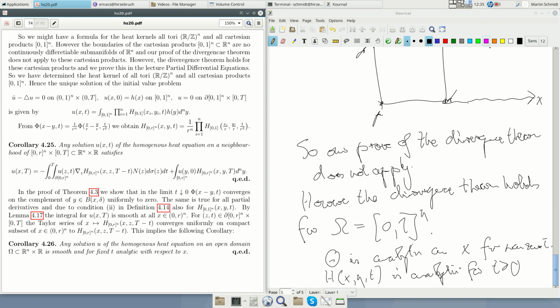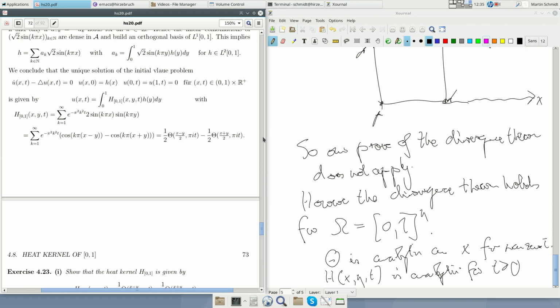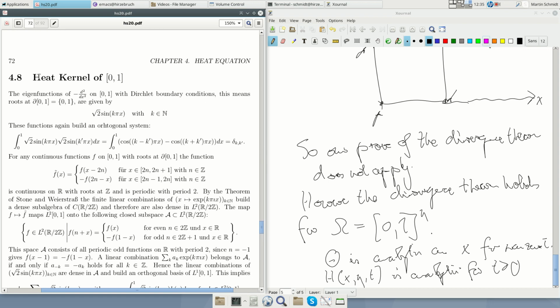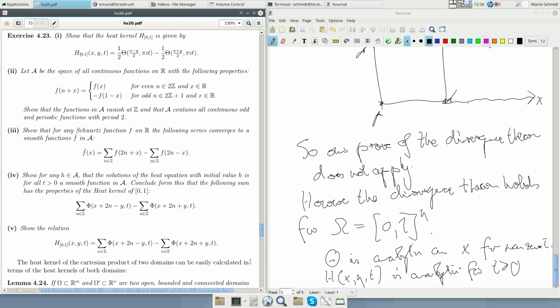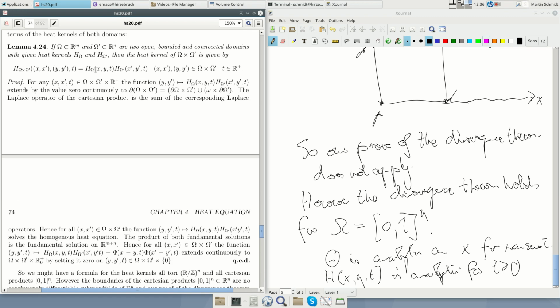Okay, so by this we close this chapter 4 on the heat equation. Let's recall what we have done today. After calculating in the last section the heat kernel of the circle, we used these considerations and calculated the heat kernel of the interval. Then we proved that the heat kernel of a Cartesian product is just the product of the heat kernels, if you insert the variables in the proper way.